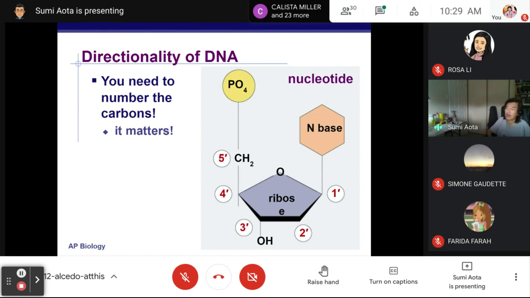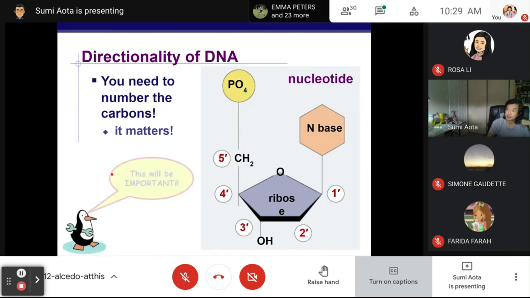Since ribose is a 5-carbon sugar, there's only 5 numbers. Again, to distinguish the carbons in the ribose from the carbons in the nitrogen base, we use a prime. The nitrogen base is always attached to carbon number 1. The phosphate group is always attached to carbon number 5. Always. So this is actually quite important.